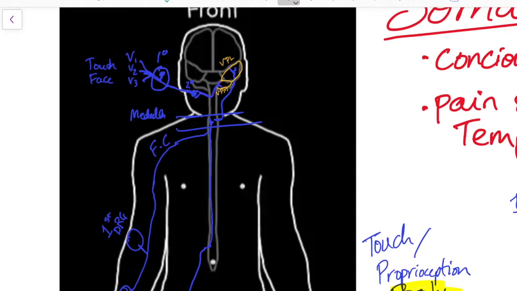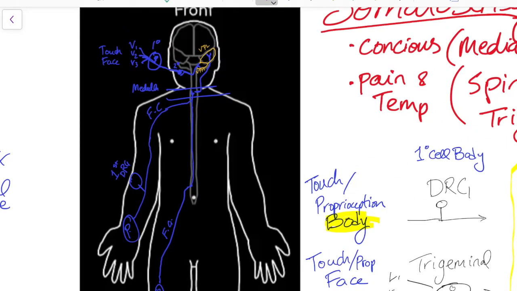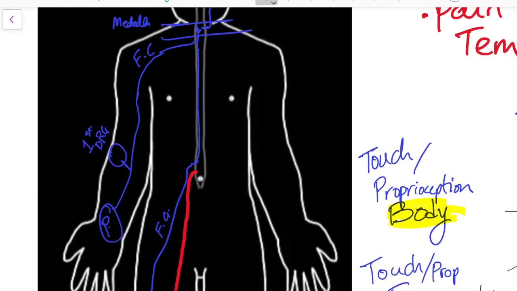Now, if we talk about pain, on the other hand, similarly, if we have some high temperature or pain, which I will do with red, we can have it in the lower body. So if it happens in the lower body, the only difference here is that for pain, it will synapse at the level it enters the spinal cord.